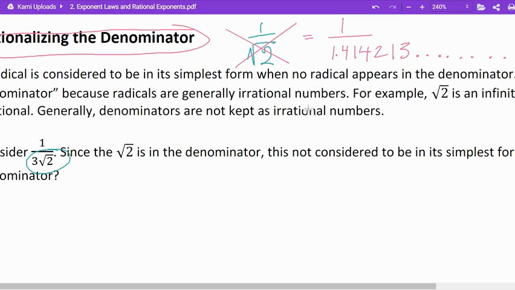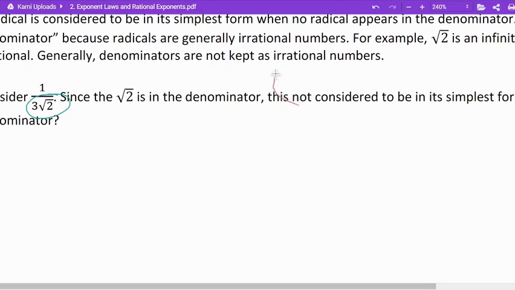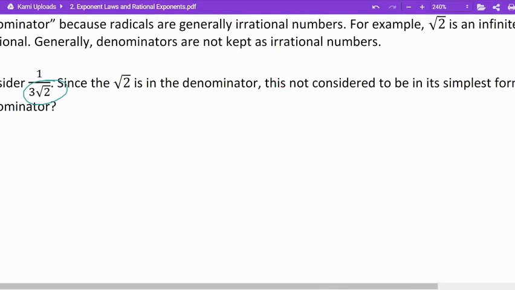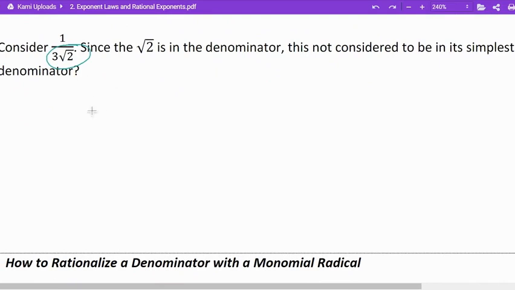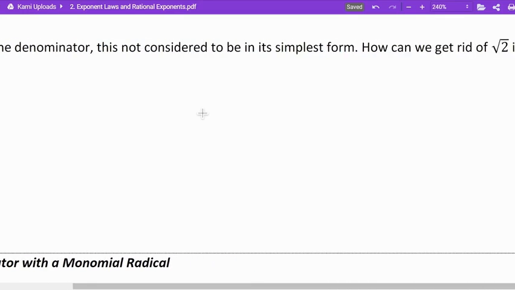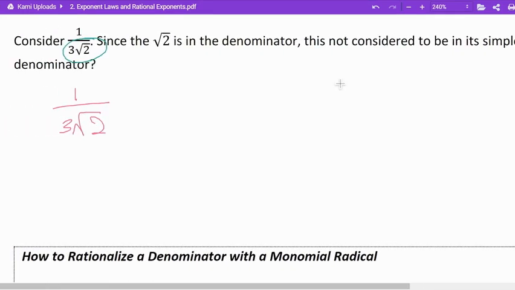And so let me teach you how to rationalize the denominator, how to make it rational versus irrational. So consider 1 over 3 root 2. Now, we know it's irrational because you have that root 2. Okay? So how can I get rid of the root 2?